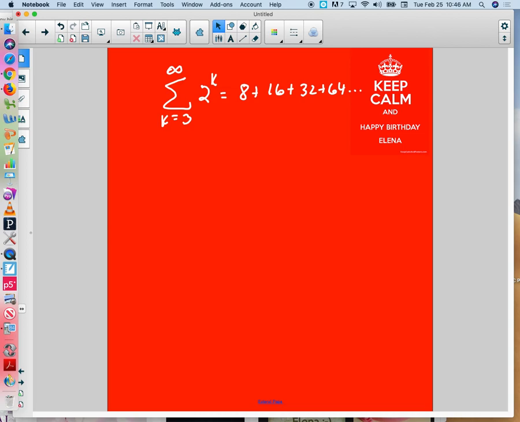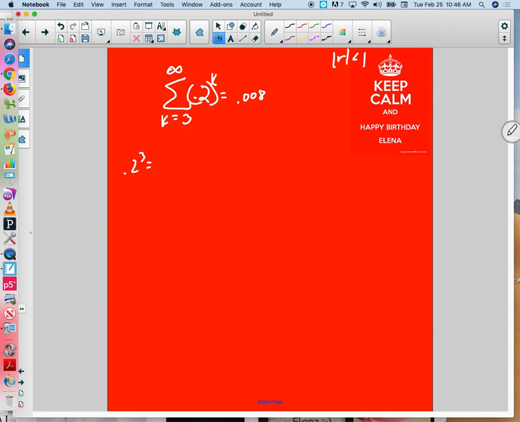And that one, I'm sorry, you couldn't add up, so forget that. Because r is not less than 1. Do y'all see what I mean? I messed that one up, okay? So let's make this 0.2 to the k, where my absolute value, my ratio is less than 1. So now I have 0.2, so y'all help me with this. 0.2 to the third would be 0.008. Or what's 0.2 to the third?